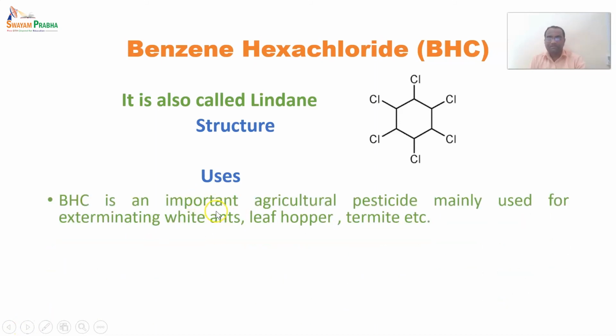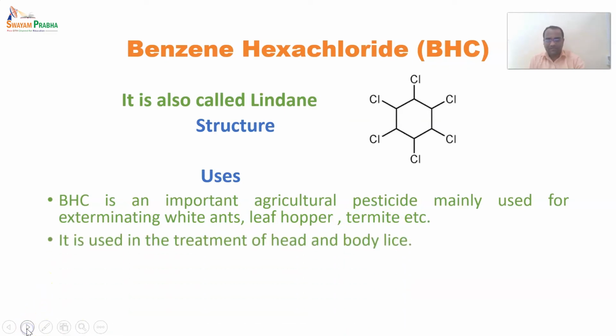So BHC is an important agricultural pesticide and mainly used for exterminating white ants, leafhoppers, termites, etc. These are some kinds of insects.